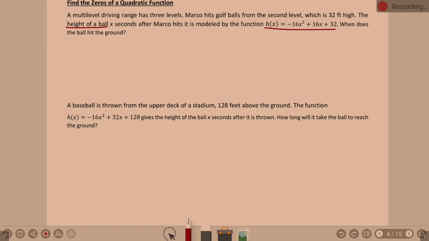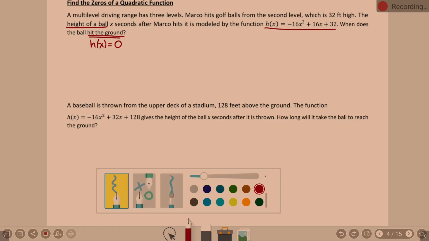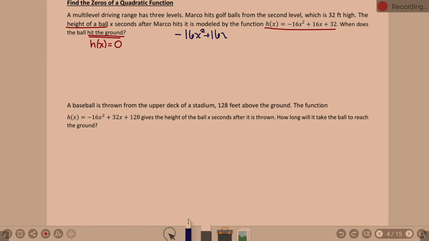So when they talk about the ball hitting the ground, we're going to take the height, which is h of x, and we're going to set it equal to 0. Okay? And then we will be trying to figure out when, and it's x seconds is what we're looking at. So set your equation up. Negative 16 x squared plus 16x plus 32 equals 0.